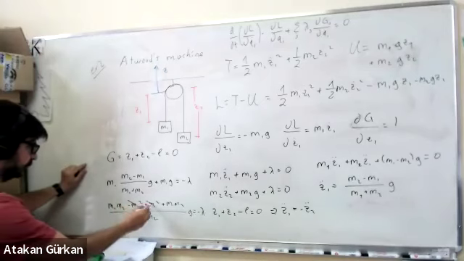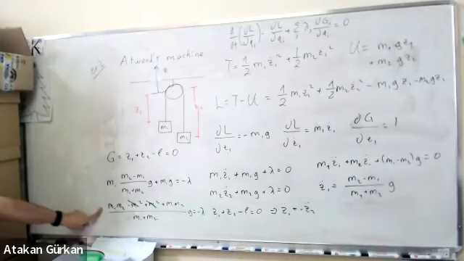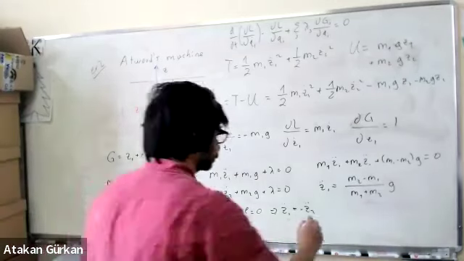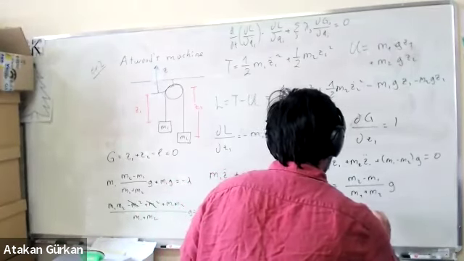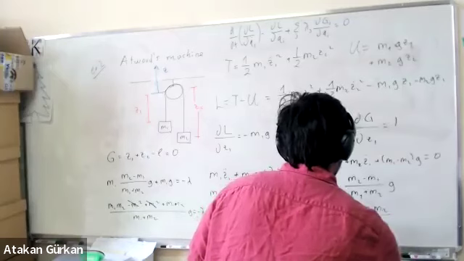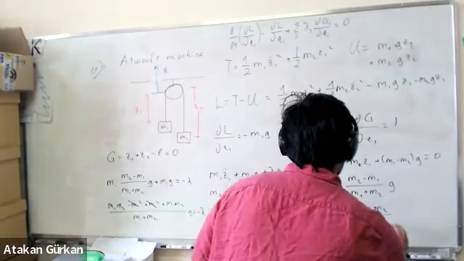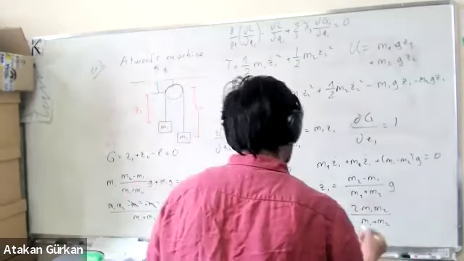These guys go away, and we get 2 M1, M2 divided by M1 plus M2. Or minus lambda is 2 M1, M2 divided by M1 plus M2 G.